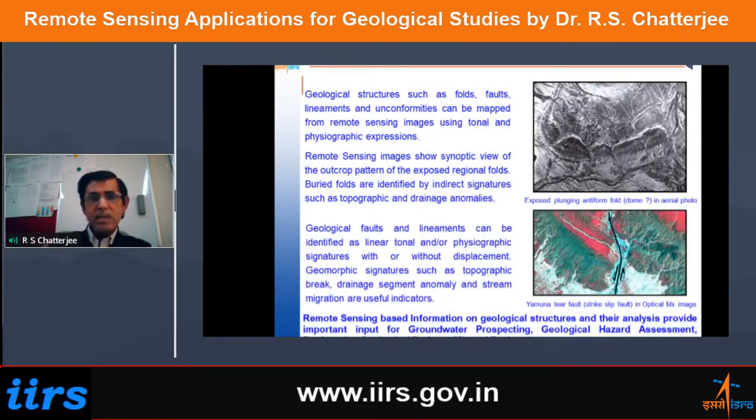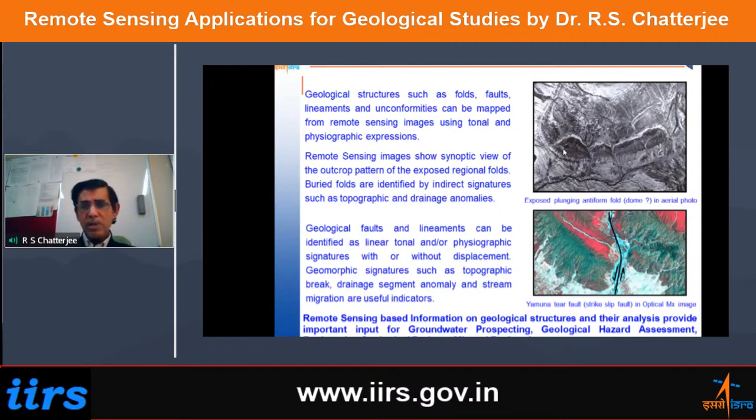Now, geological structures are developed due to deformation. What are these geological structures? They are folds, faults, lineaments and unconformities. How does remote sensing help to identify the geological structure? Because remote sensing gives you a synoptic view, a regional view of the outcrop pattern of the area.